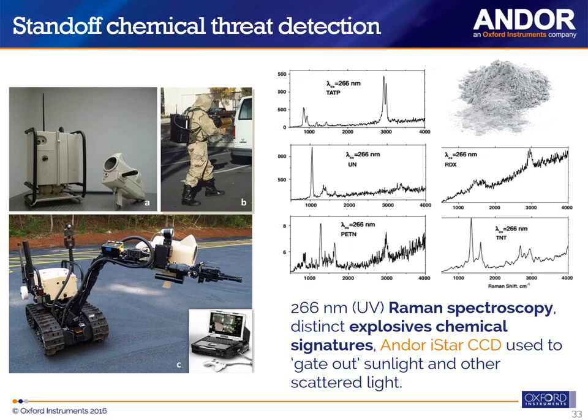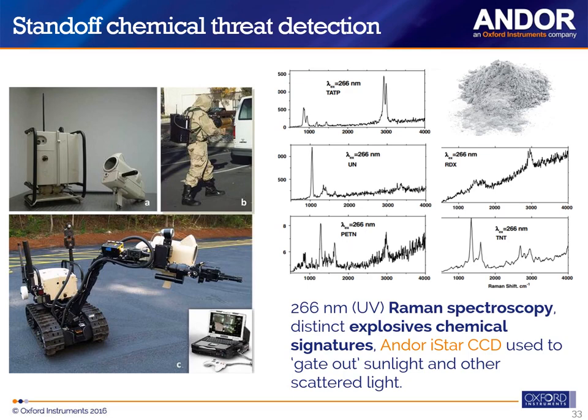This chemical signature can be matched against a library of known chemical signatures, for example, of explosives, as shown on the graphs here. You can see that RDX, TNT, and PETN have unique chemical signatures, and if an unknown sample has a very similar chemical signature, you have a high probability of determining what this particular sample is.